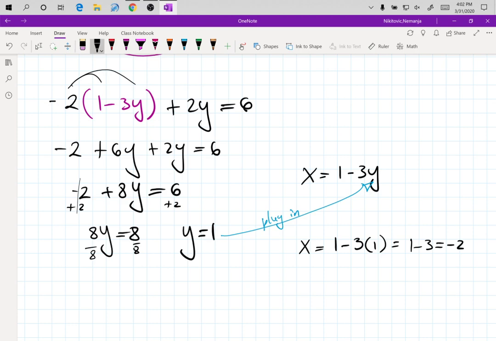So we have an ordered pair, (negative 2, 1). You have to list x first and then y. I don't care in which order you calculated those. That has nothing to do with our solution. Solution always must be represented as x comma y. So our x is negative 2, negative 2 goes first.